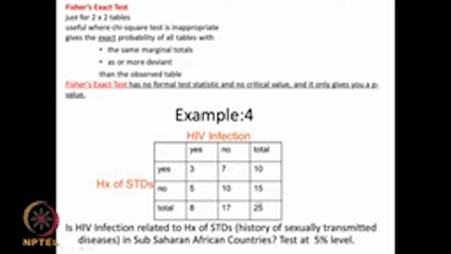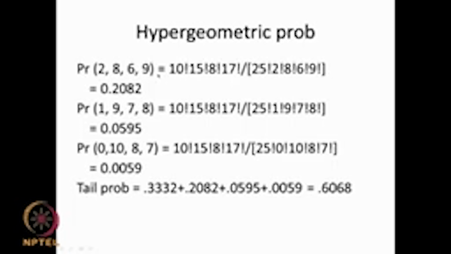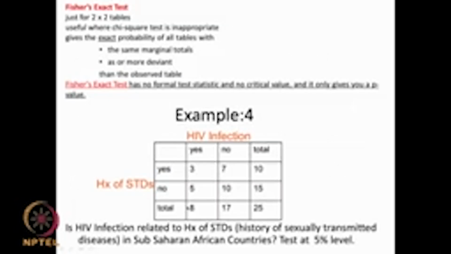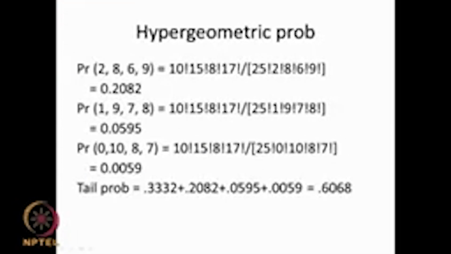So, again use the same approach for 2, 8, 6, 9: we do 10 factorial, 15 factorial, 8 factorial, 17 factorial, that is these numbers, divided by 25 factorial, 2 factorial, 8 factorial, 6 factorial, 9 factorial, that is a probability of 0.208.